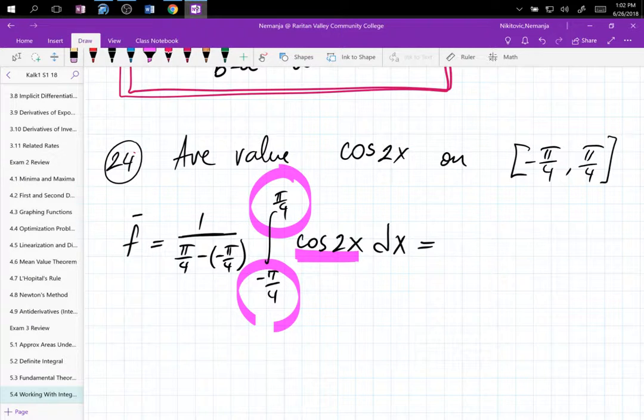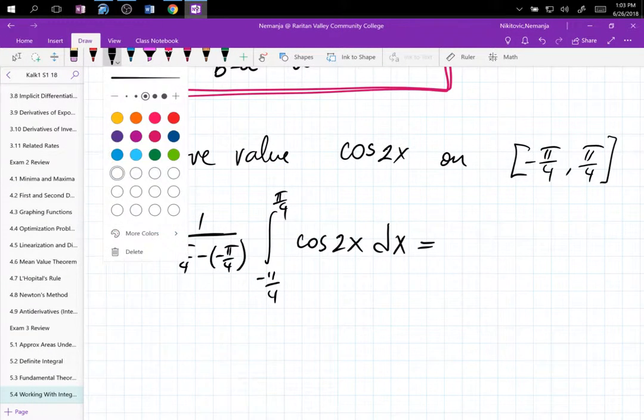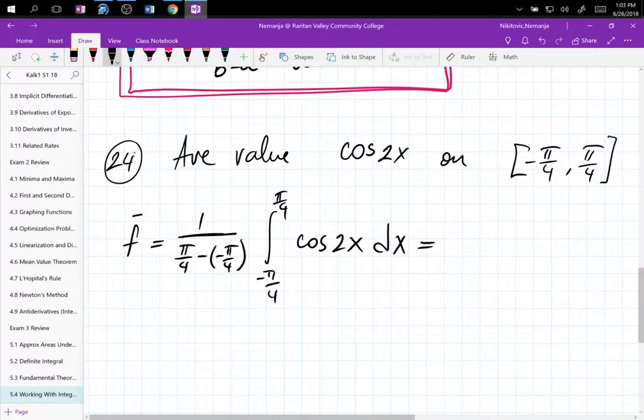Even or odd? Cosine is even, yes. All right, good. So cosine is even.